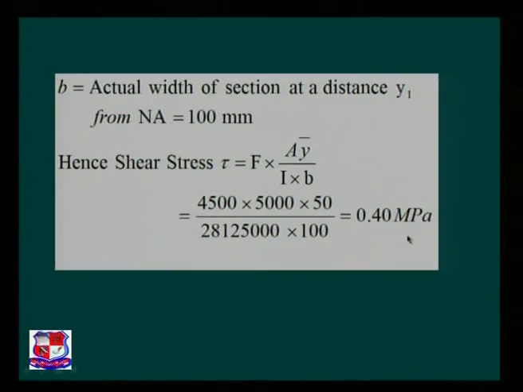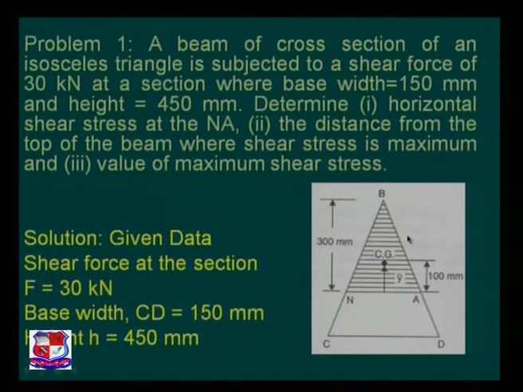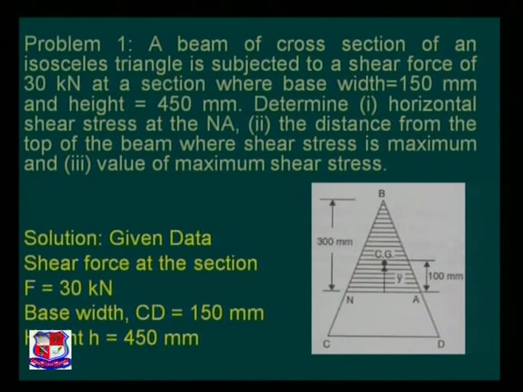Next problem, number 2. Please visualize the data carefully and read it carefully. The data is over here. A beam of cross section of an isosceles triangle, interesting word, is subjected to a shear force of 30 kilonewton at a section where the base width is 150 mm and the height is 450 mm.